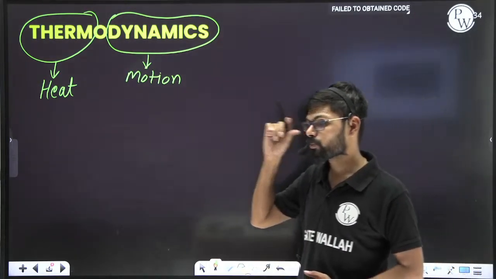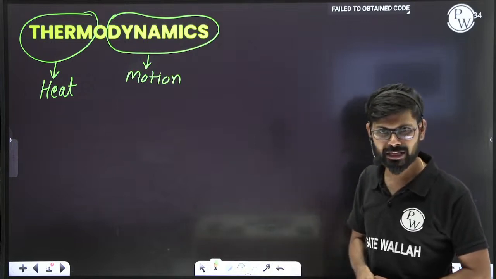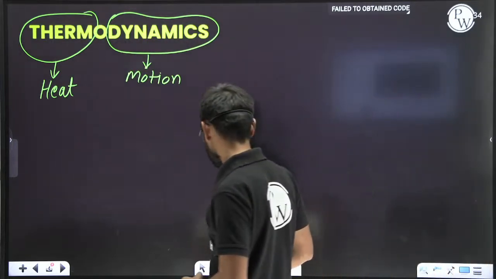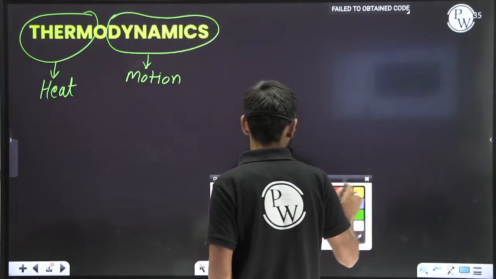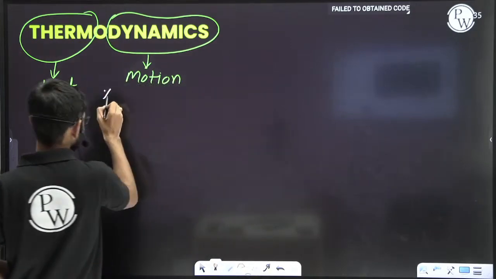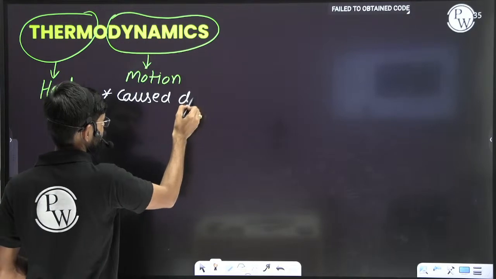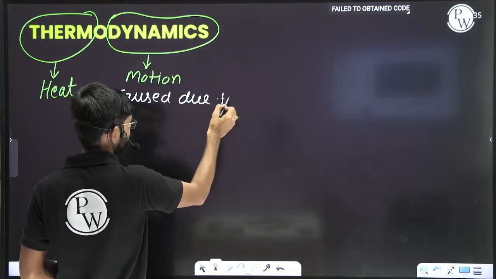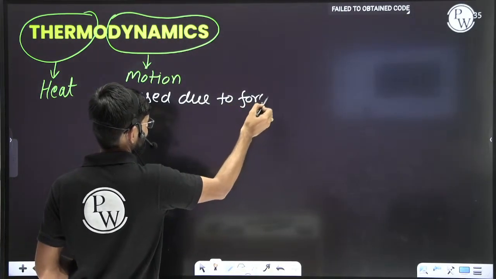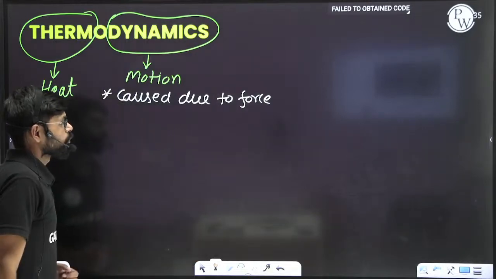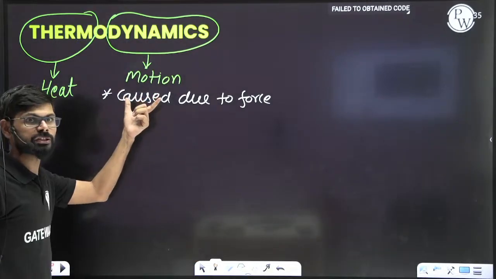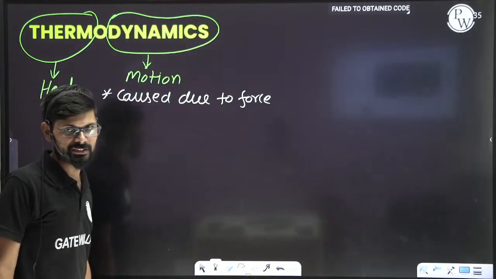The second most important significance of the word thermodynamics is that, as we all know, motion is caused due to force. Now here two words are there, motion as well as force.